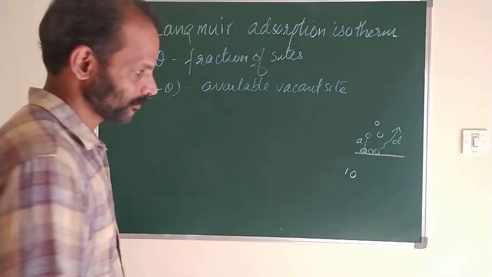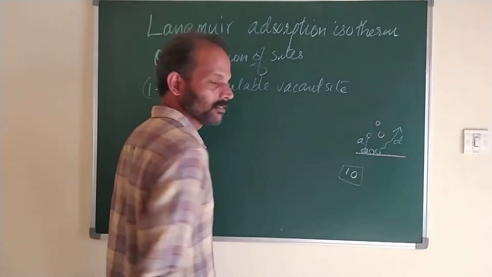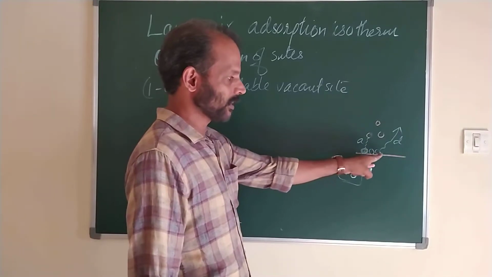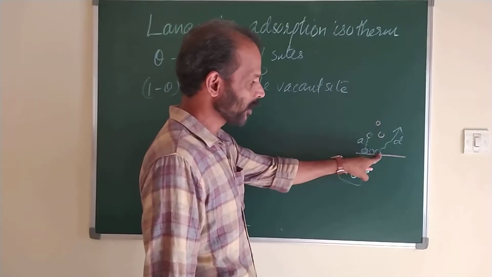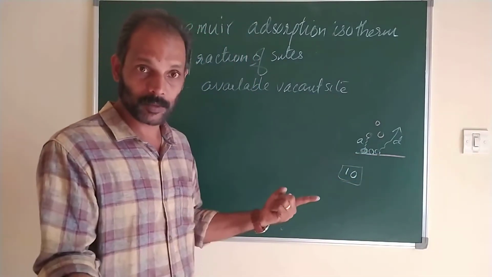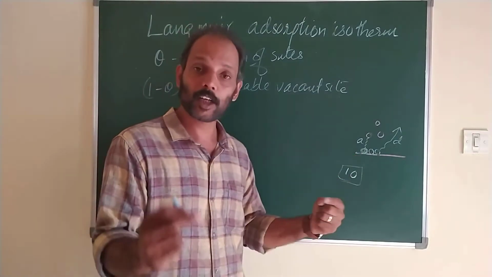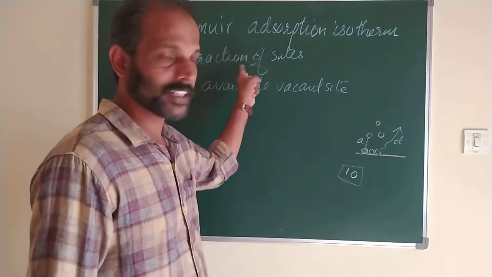For example, our total number of sites is 10, of which 3 sites are occupied. So the fraction of the molecules occupied, or we can say the fraction of the sites. Why? One site can accommodate only one molecule. So both are the same, the fraction of the molecules or the fraction of the sites.